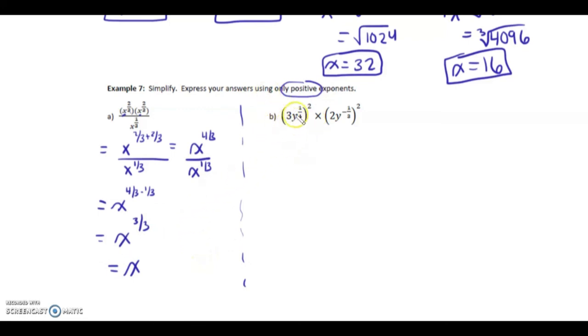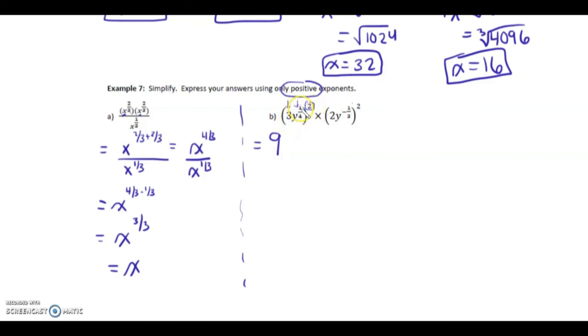Okay, and the last one. We have 3y to the 1/4, squared, times 2y to the negative 1/3, squared. So in the first bracket, let's apply this squared to each part of this term. So 3 squared is 9, y to the 1/4 squared.